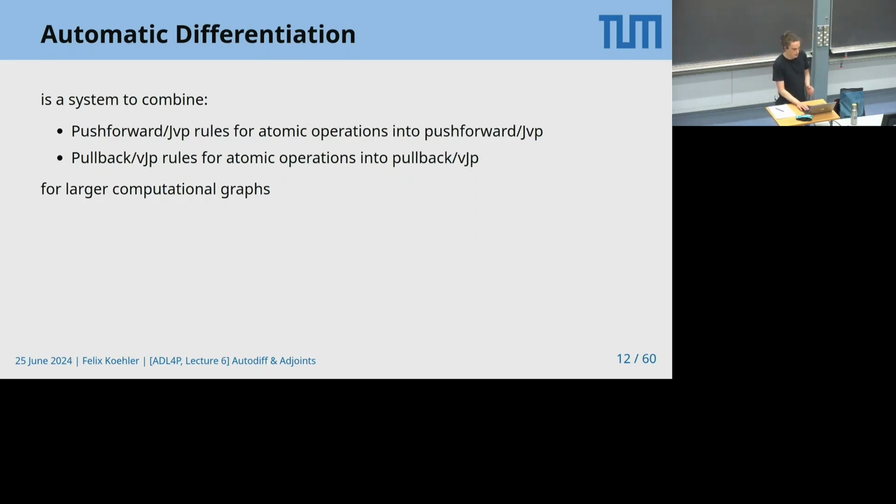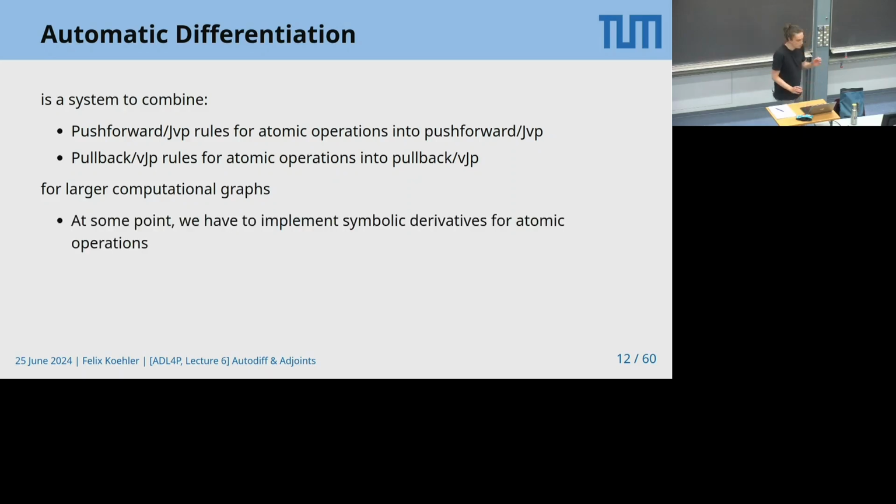And the core point in that, and this is most certainly a big part of this lecture, is that at some point we need to find symbolic derivatives for these atomic operations. Here, in scalar mode, we did this on a scalar level, but this is arguably not the best way to do it, and we will see that in a second.